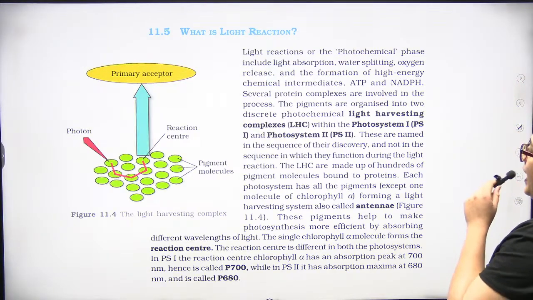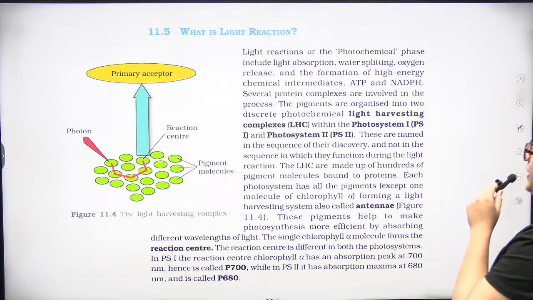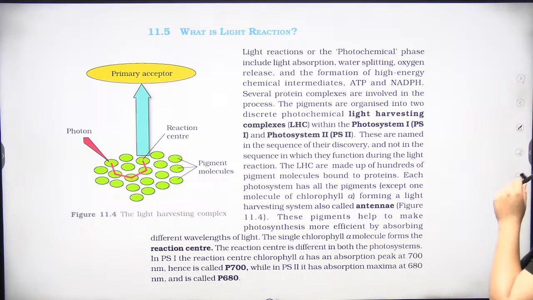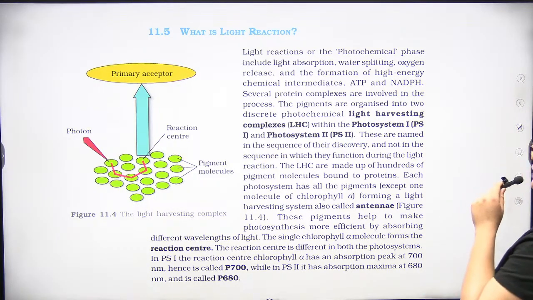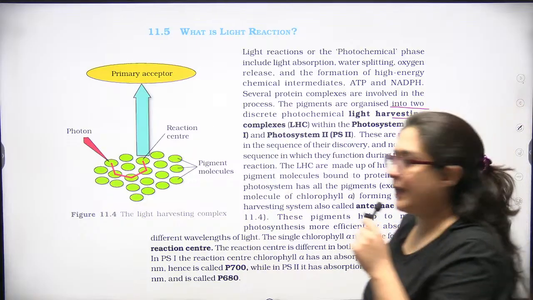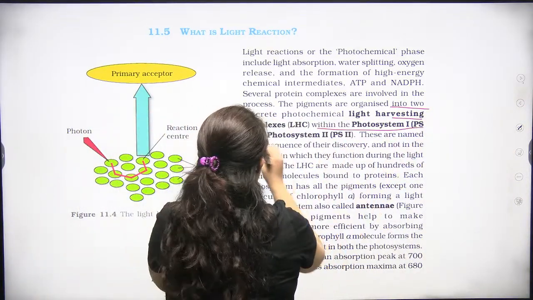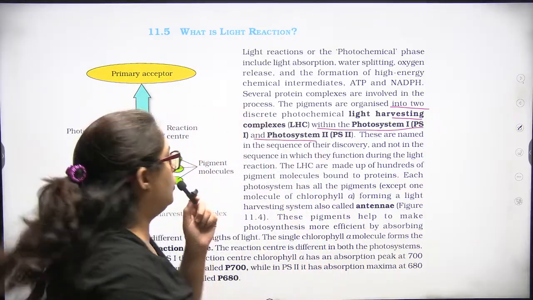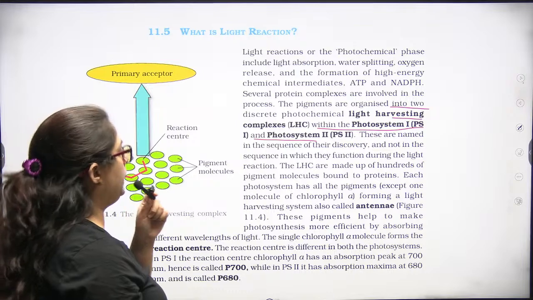What is light reaction? Light reaction, or the photochemical phase, involves light absorption, water splitting, oxygen release, and the formation of high energy chemical intermediates. Pigments are organized into two discrete photochemical light harvesting complexes within photosystem 1 and photosystem 2. These are named in the sequence of their discovery.